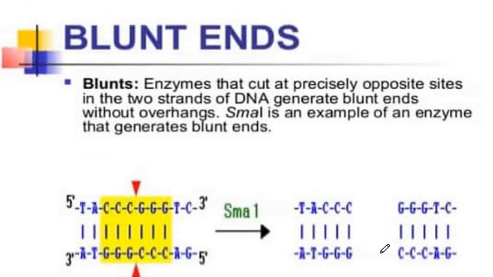Next are blunt ends, which cut the double stranded DNA at equal positions and equal size, so no overhang is generated. The enzyme that performs this cleavage is SmaI.